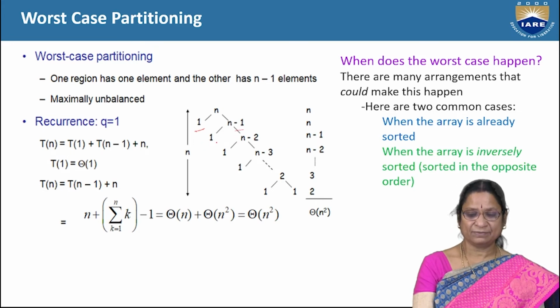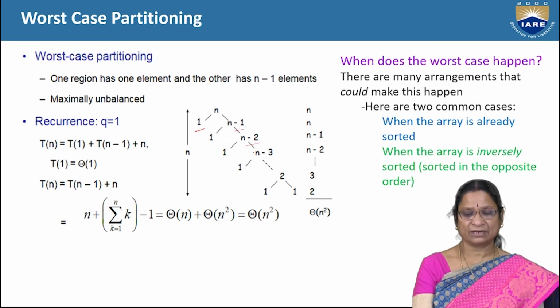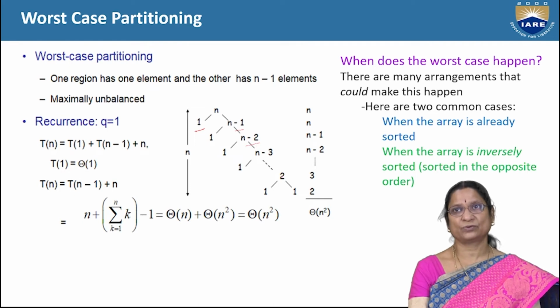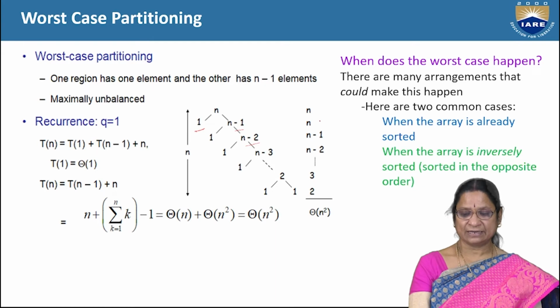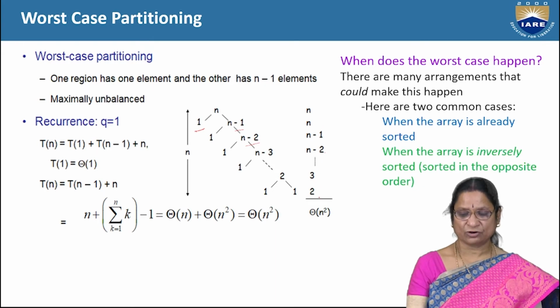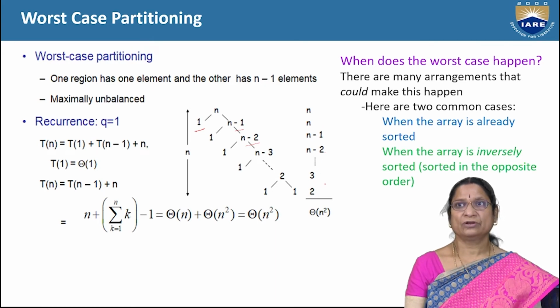Again n minus 1 elements are divided into two partitions, 1 and n minus 2, and so on and so forth. So the time taken is n minus 1, n minus 2, etc. up to 1. So totally n into n minus 1 times, so order of n square will be the algorithm complexity.